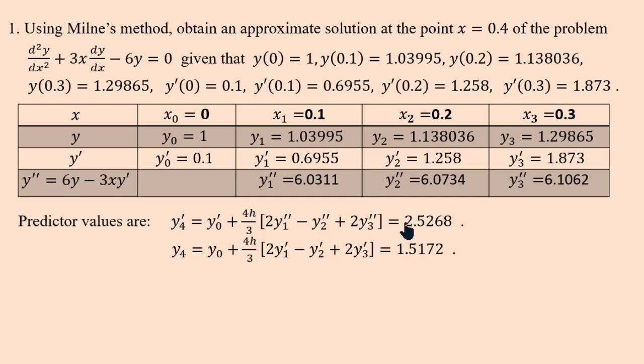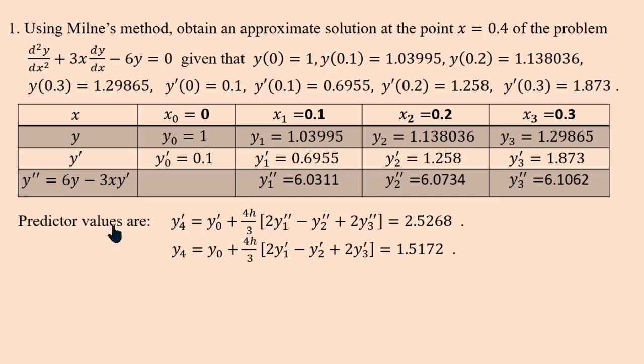So we got the value 2.5268. And then y4, y0 plus, y0 is 1 plus 4 into 0.1 by 3, bracket open, 2 into y1 dash, this one 0.6955 minus 1.258 plus 2 into 1.873, that is 1.5172.